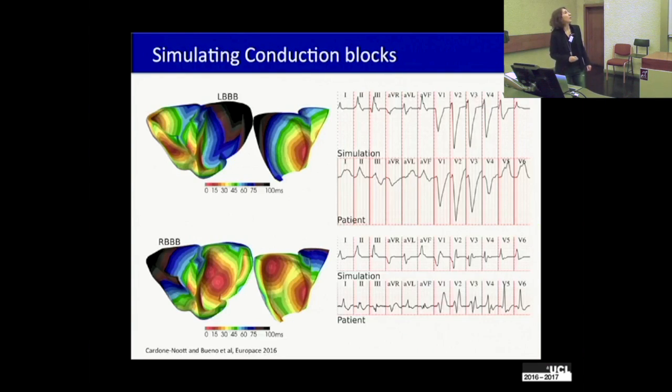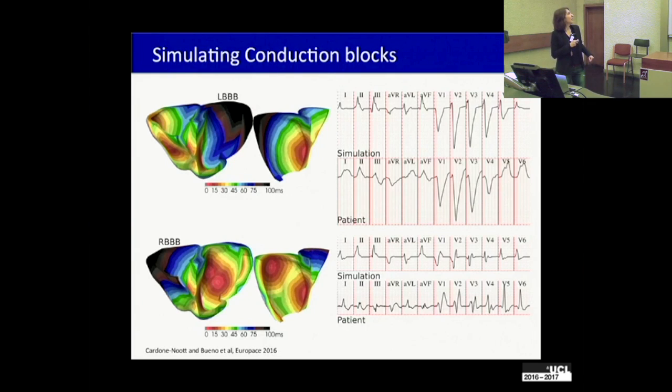We already talked about the computational aspects, and once we have this model, we were investigating and simulating conduction blocks. These are the most typical ones: left bundle branch block and right bundle branch block. In the left bundle branch block, the left ventricle is not stimulated at the right time, it's a little bit delayed.